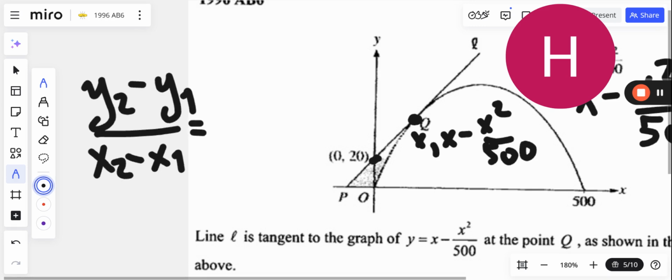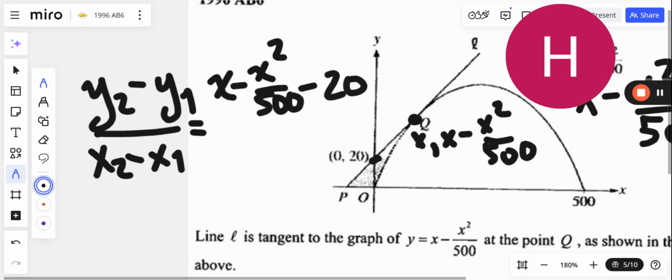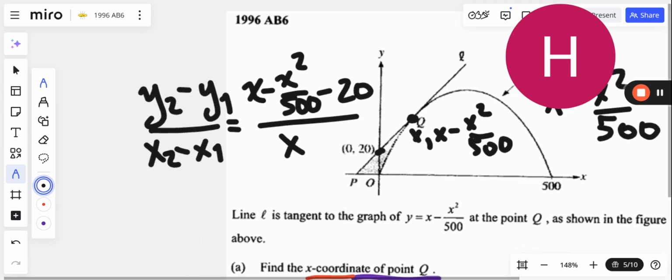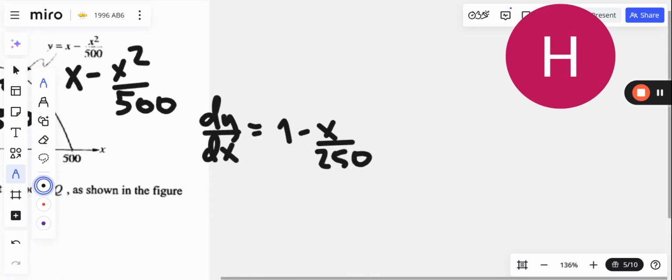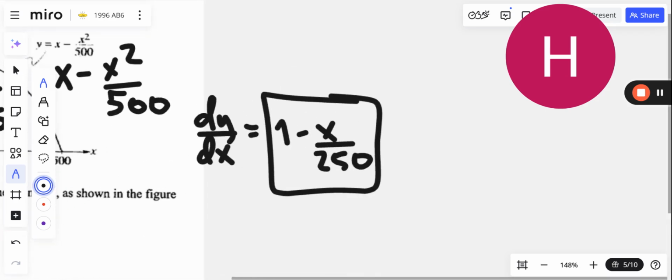It's going to look a little complicated. So this is going to be x minus x squared over 500, that's my y2, minus 20, that's my y1, over x2, which is just x, minus x1, which is 0. So it's going to kind of stay like that. It sort of looks a mess. But we're going to take that and make it equal to our derivative.